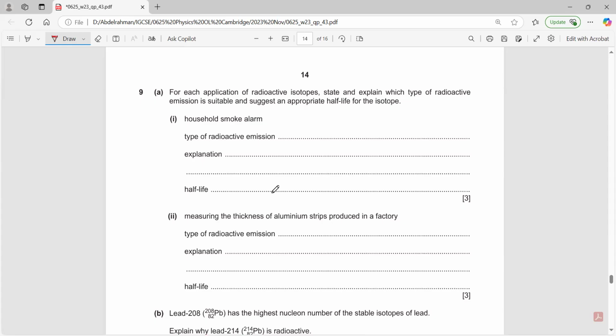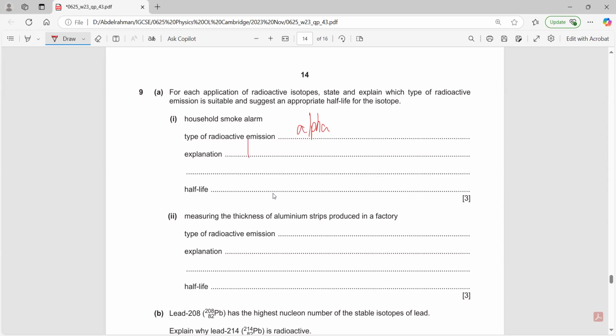Household smoke alarm. They usually use alpha radiations. We've probably discussed this before, that alpha decay is used in smoke alarms. Why?